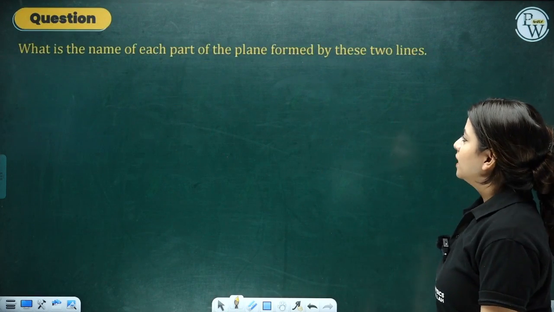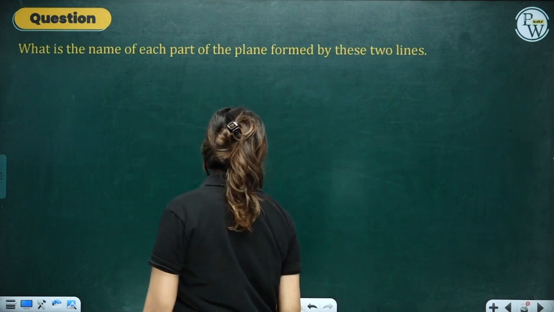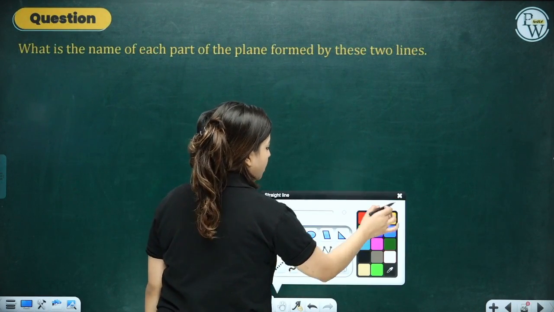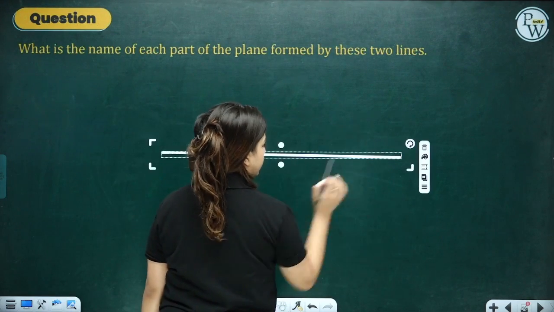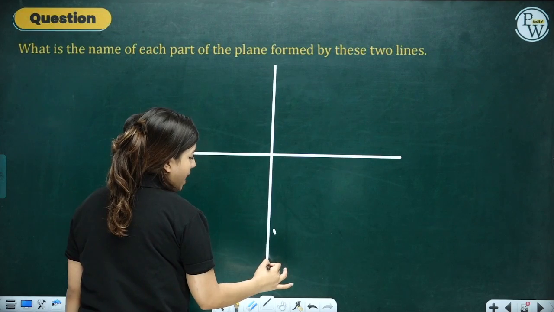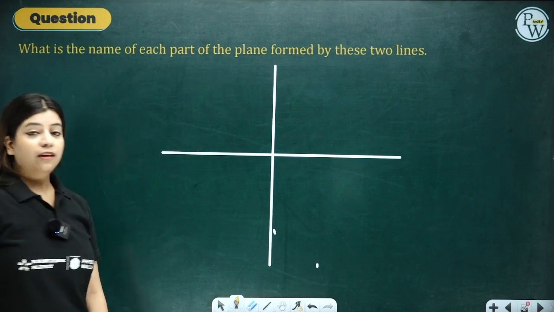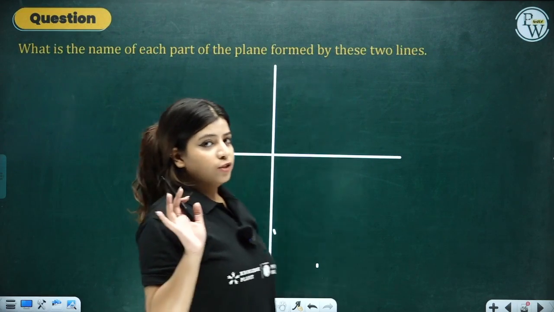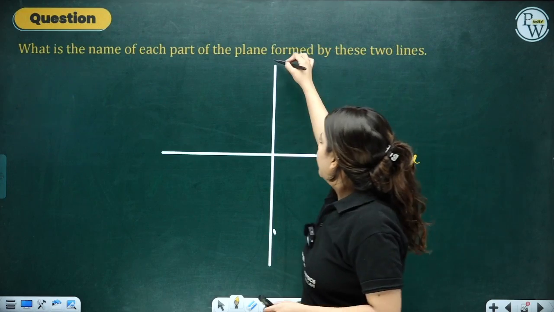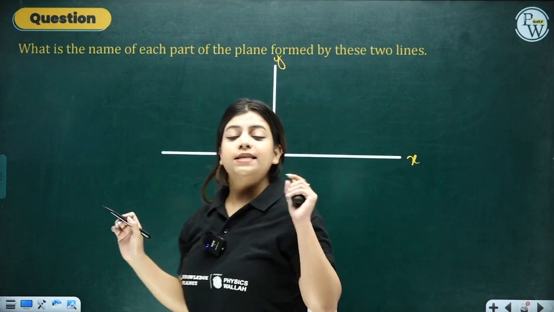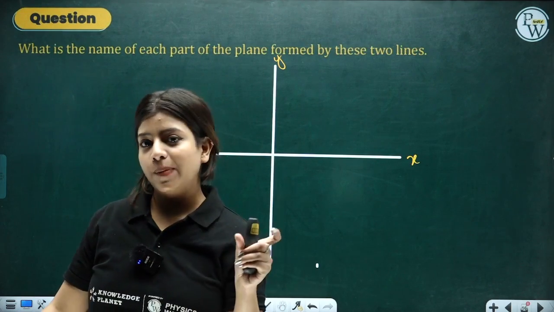Okay. What is the name of each part of the plane formed by these two lines? Now, this is important. Try to understand. For example, we have one x-axis with us and one y-axis with us. So basically, this x-axis and this y-axis have separated this one single sheet into four equal parts, right?